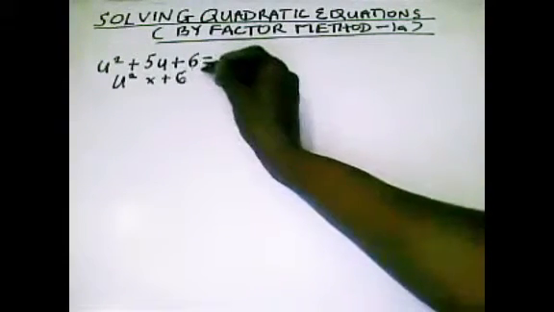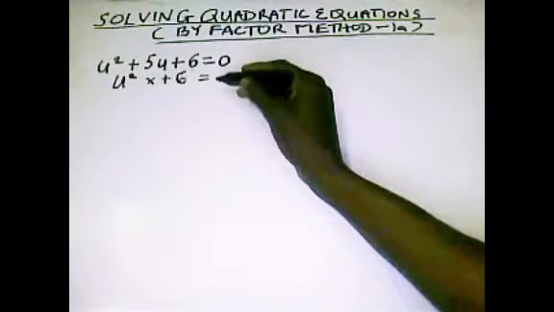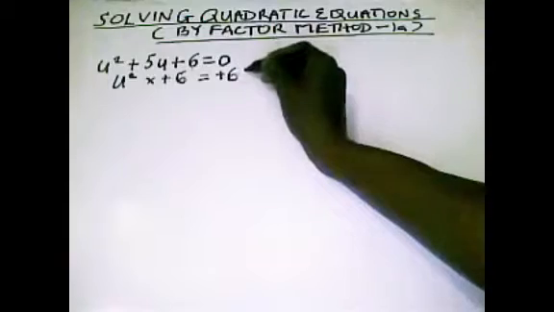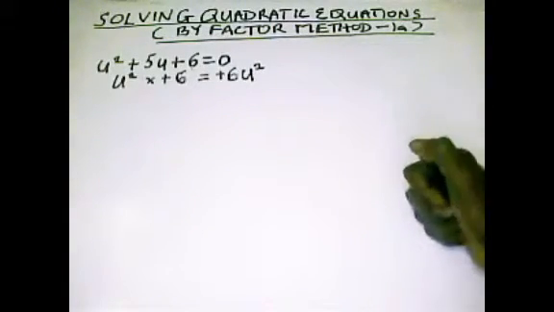The result of plus 6 times u squared will give us plus 6u squared. Now, this is the first step.